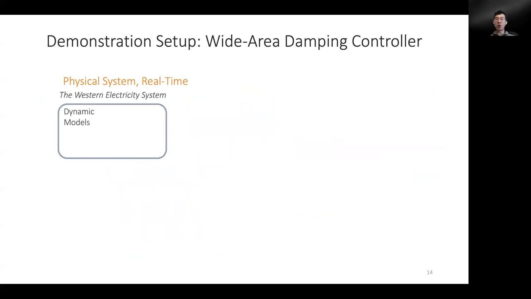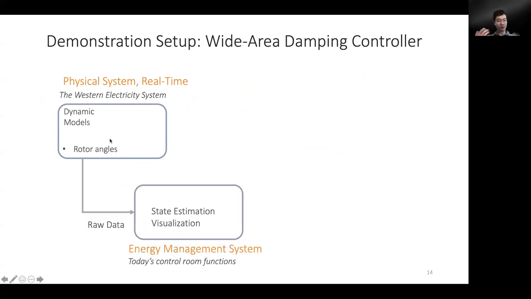So I'll demonstrate one simulation using this co-simulation setup. It's the wide-area damping controller developed by my former colleague. The setup is that we have a physical grid modeled using the real-time simulator. It's the Western Electric system. So we take measurements of the rotor angles as raw data and stream them to the state estimator.